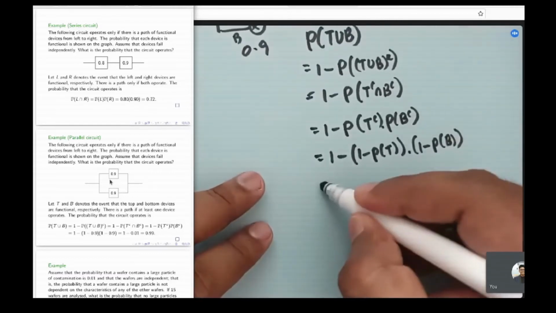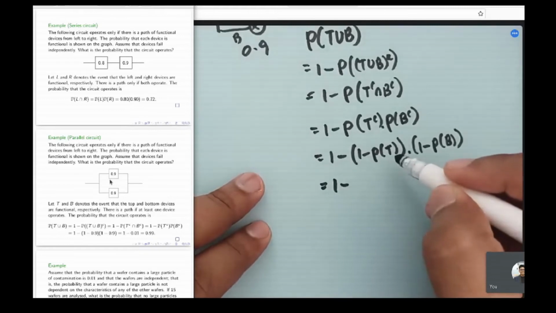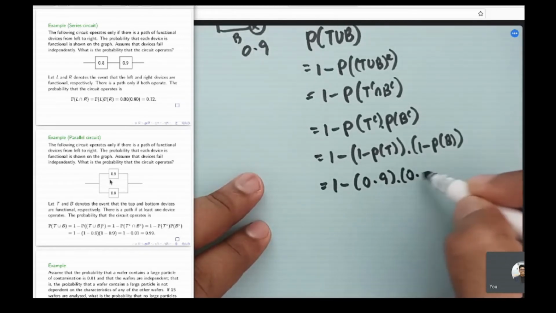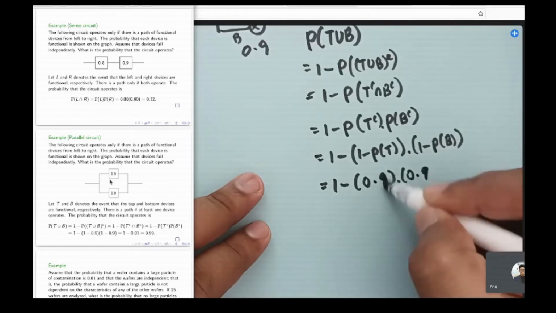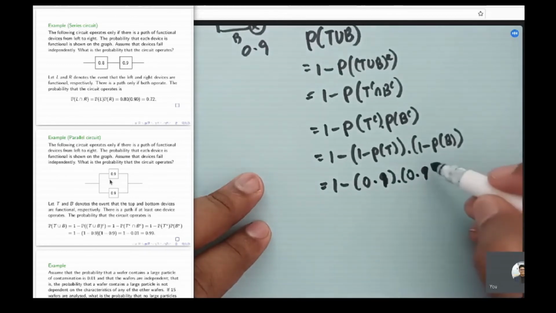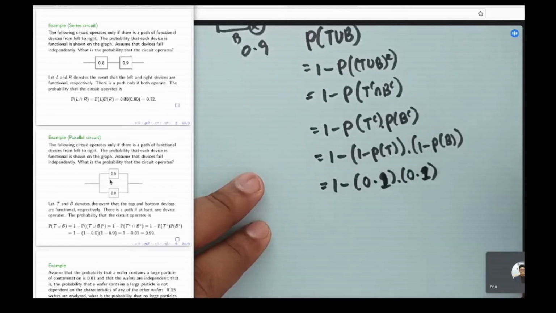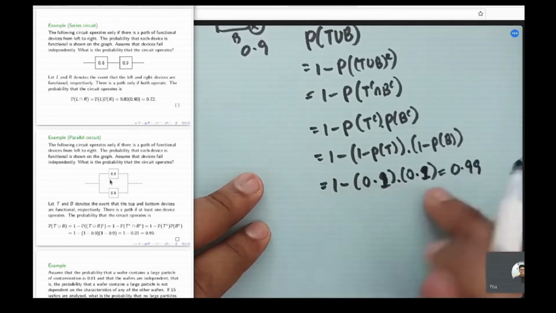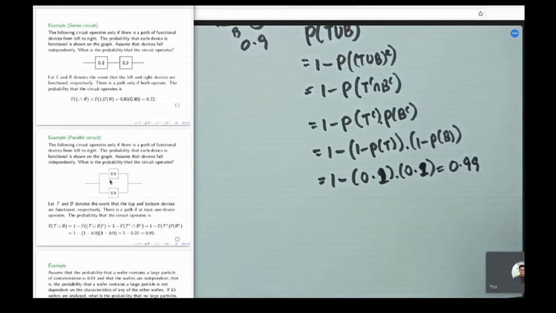Therefore, we get 1 minus 0.9, that is going to be 0.1. This is 0.1 and this is 0.1. So multiplication would give us 0.01. So 1 minus 0.01 is equal to 0.99.